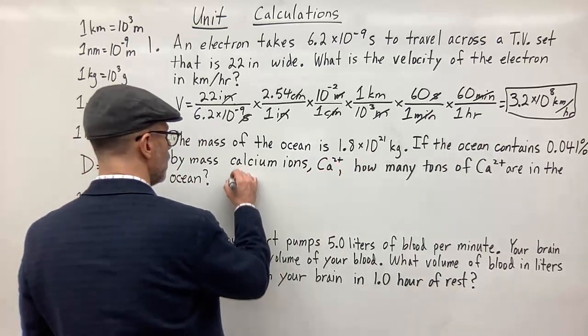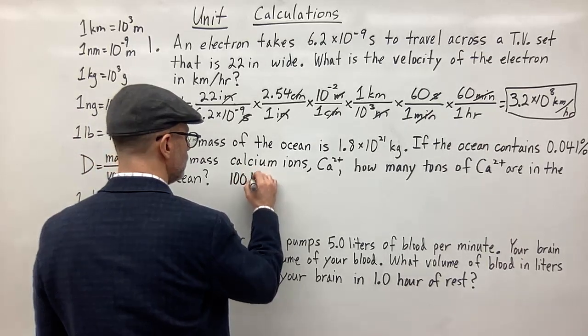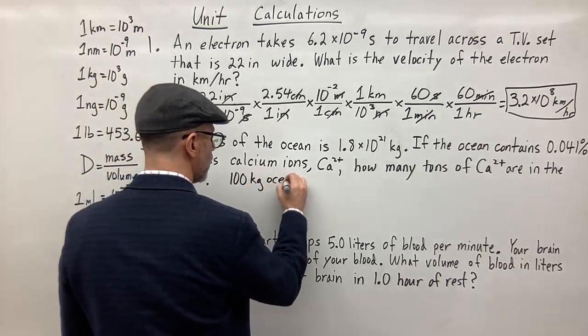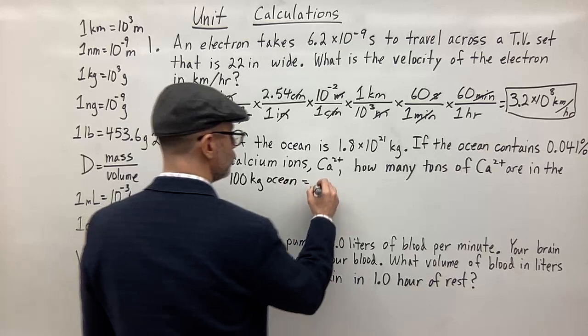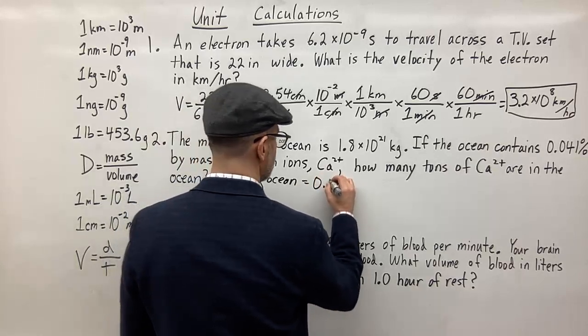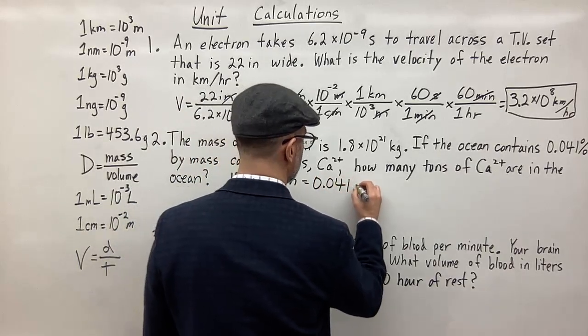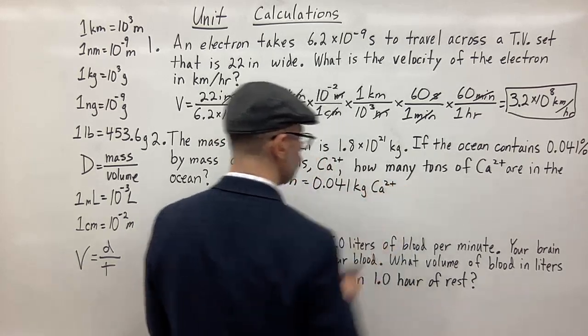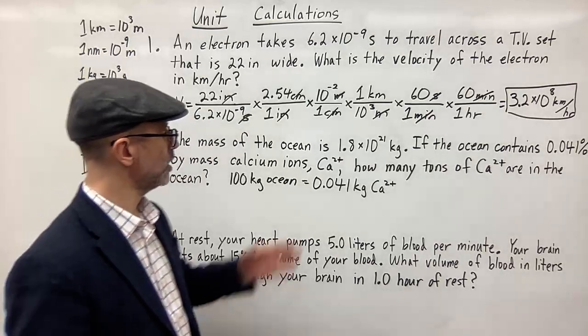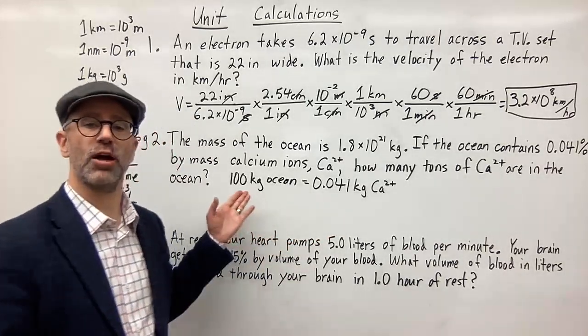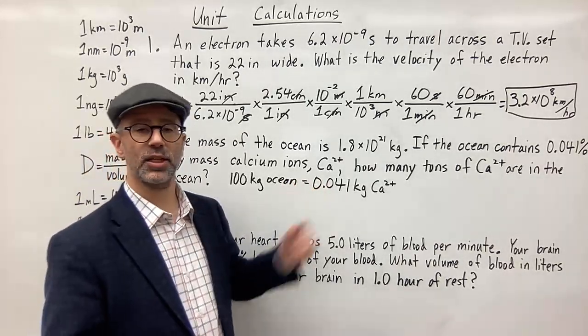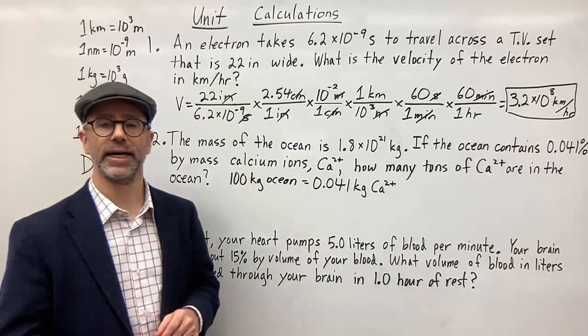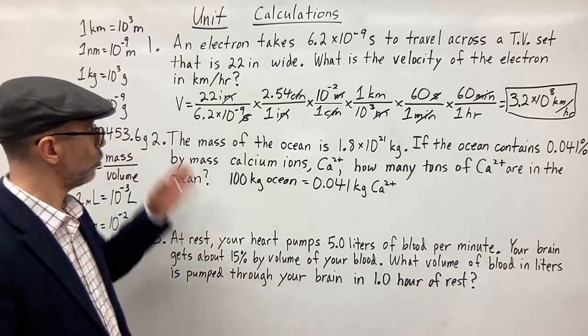So 100 kilograms of ocean is going to be equal to 0.041 kilograms of Ca2 plus calcium ion. So we can use this to convert from kilograms of ocean to kilograms of calcium ion. Okay, so what are they asking us?